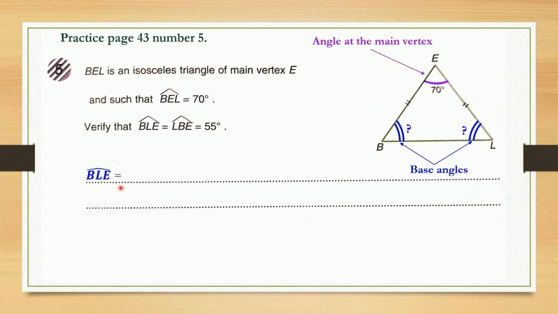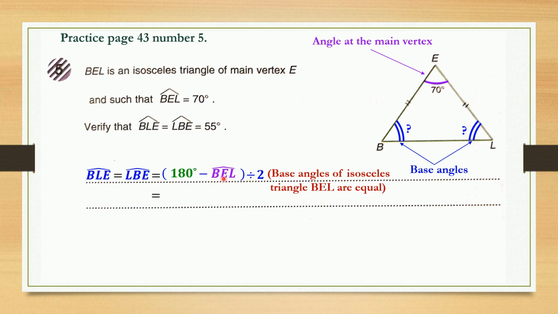So BLE equals LBE equals, we open the parenthesis, we do 180 degrees minus the angle BEL, the angle at the main vertex. Then we divide the answer that we obtain by 2. Why? Because the base angles of isosceles triangle BEL are equal.